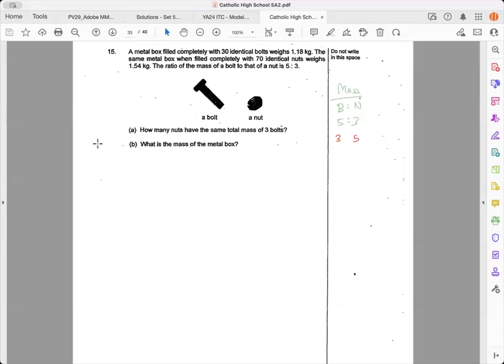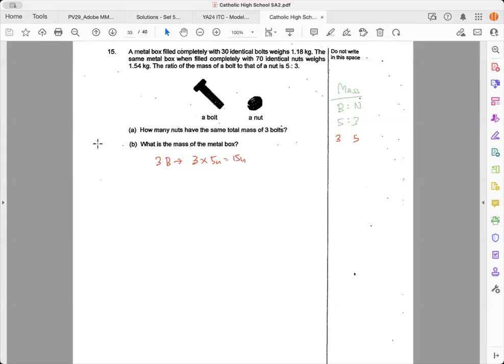So, number of nuts to have the same mass as 3 bolts. How many nuts will have the same total mass as 3 bolts? So 3 bolts gives you a mass of 3 times 5 units, 15 units.